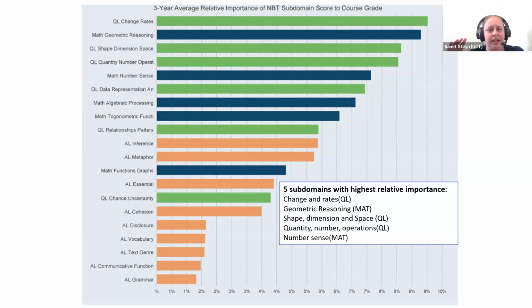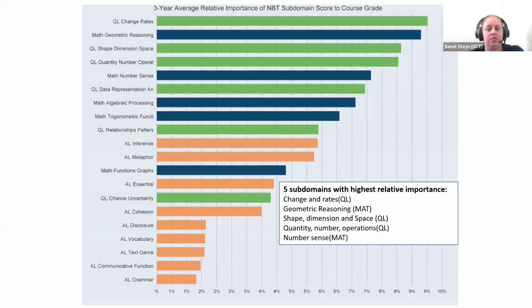So we're not looking here at what is the most difficult, but rather what had the most significant relationship to that final course grade. For practical use, we usually look at, say, the top 5 or 6 subdomains. In this case, we have change in rates, geometric reasoning, shape, dimension, and space, quantity, number, and operations, and number sense that popped out as the top 5 subdomains in terms of relative importance.